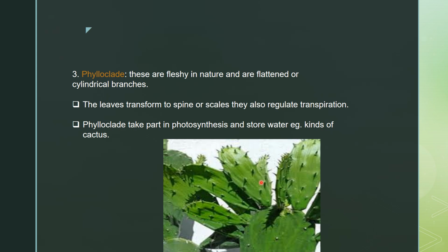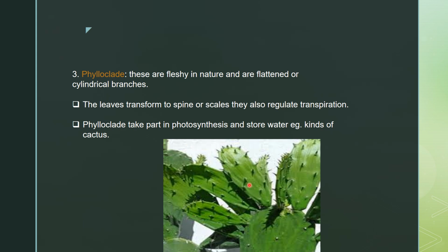Phylloclades take part in photosynthesis and store water. For example, you can find this in the kinds of cactus. In some species of cactus, the phylloclade stores water.